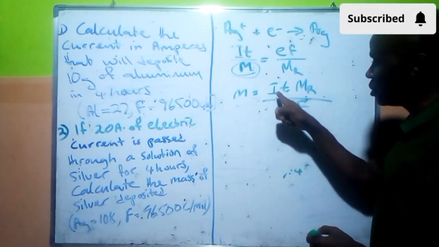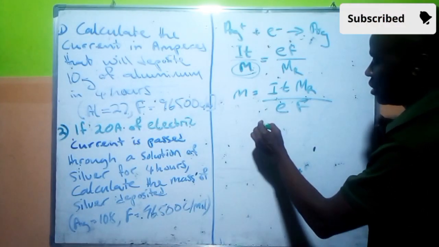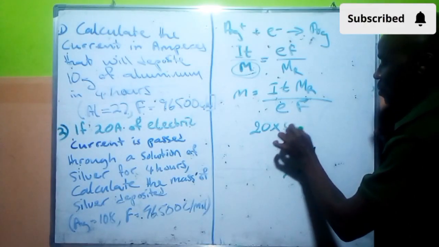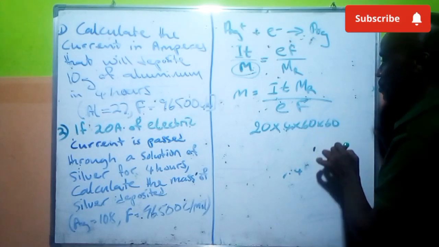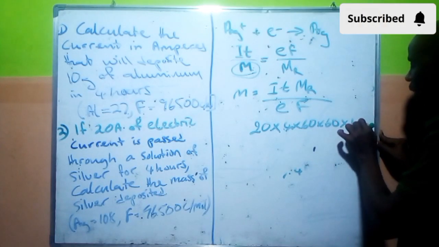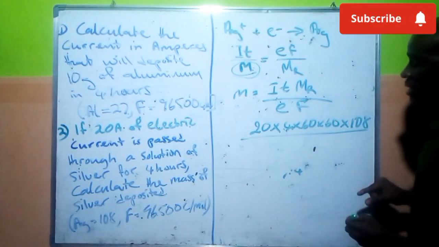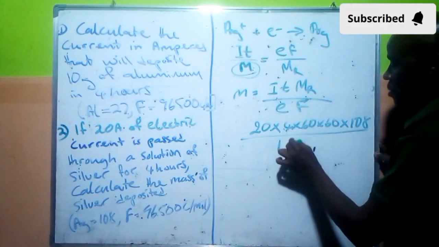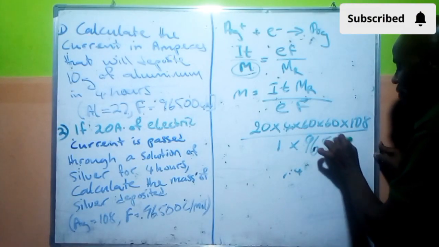Now we are going to be substituting. I is the current, which is 20. Time is 4 hours, which means 4 times 60 times 60, and then we have our molar mass of silver, which is 108, all over the charge, which is 1 from our ionic equation, then Faraday, 96500.